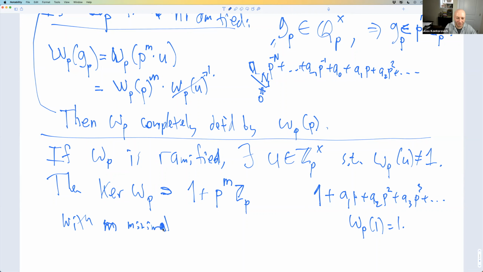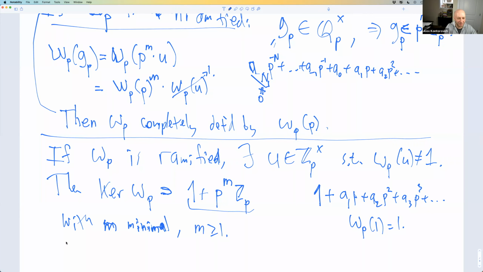What's the largest set of this form that's contained in the kernel? There's going to be such, because I can't take M equals 0. M equals 0 would be all of ZP, in particular all of ZP cross, but with M minimal, M is at least 1.